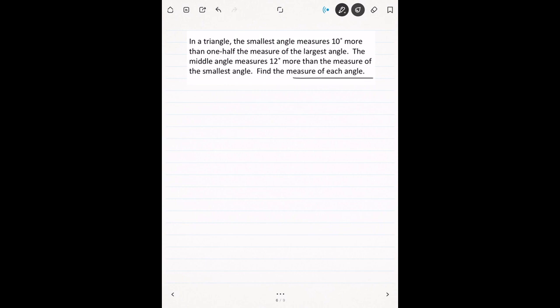So, I'm going to use the variables L, M, and S again.